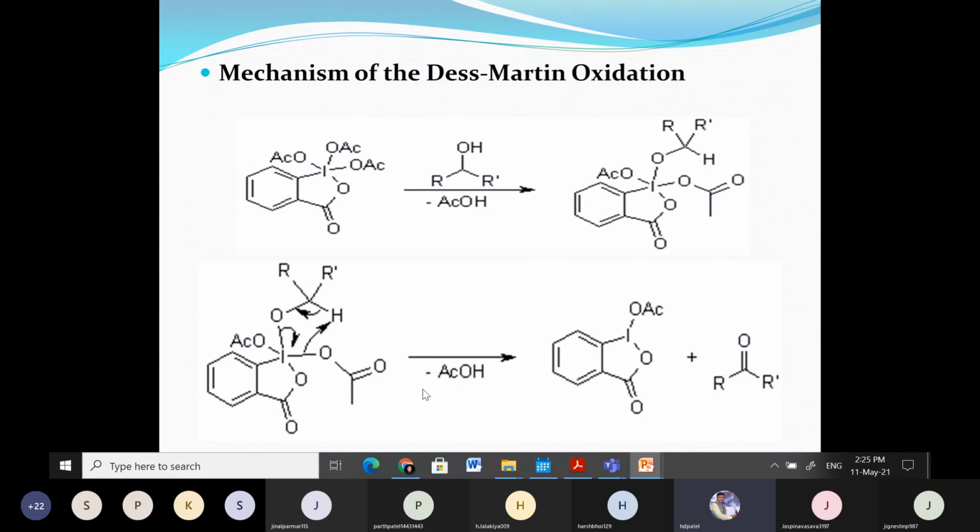So acetic acid will form. Then the electrons will transfer further, and then onto the iodine. So we will get the oxidation of secondary alcohol, and that's why we are having here a ketone, R C double bond O R dash.